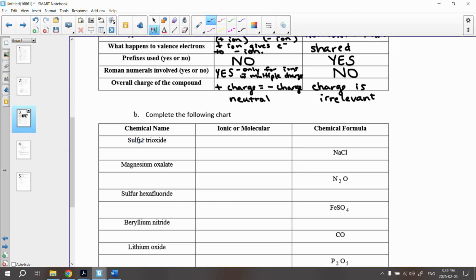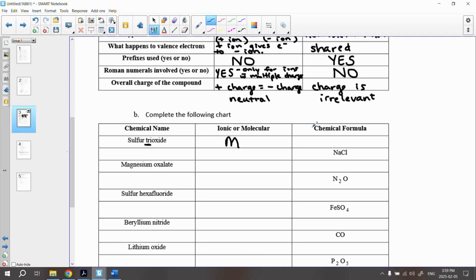Here I've got sulfur and I've got oxygen. Both sulfur and oxygen are nonmetals, so that would be my first indication that this is molecular. The second one is, well, a shortcut would be, do I see a prefix, a tri, a di, a tetra, one of those things? If I do, then it is in fact molecular. So both of those things lead me to choose molecular.